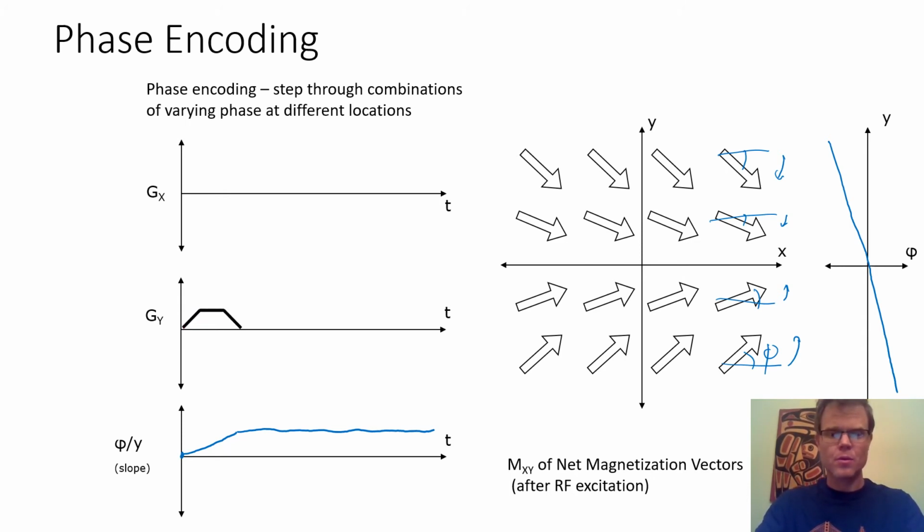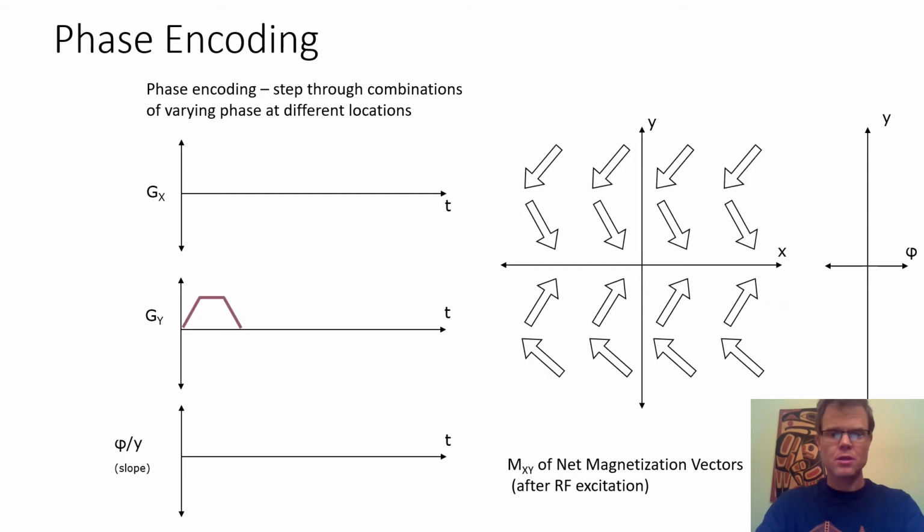And then what we do next is actually change the amplitude of this phase encoding gradient. So now we've created an even further rotation or a larger phase angle.